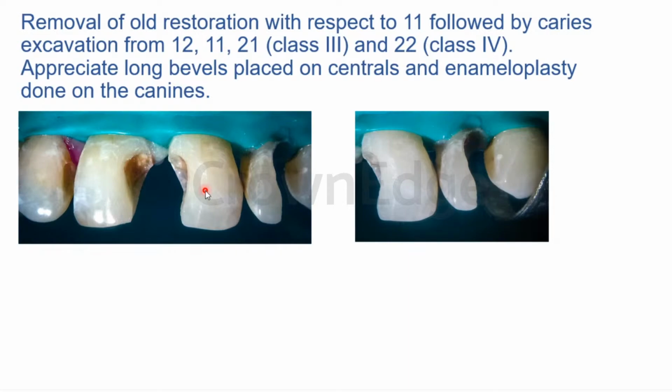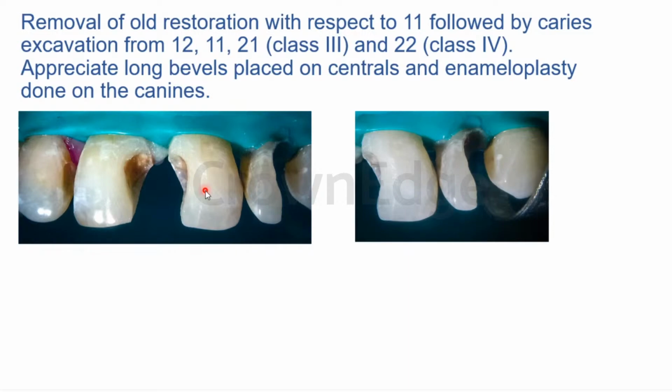You can just run it across that cavo surface margin in order to smoothen out those enamel rods, remove unsupported enamel rods, and increase the surface area for micromechanical retention, right? And this is to increase the effective surface area for bonding. Okay, so all these carious lesions were gently excavated with a water-cooled air rotor handpiece and burrs, diamond burrs, followed by spoon excavators.